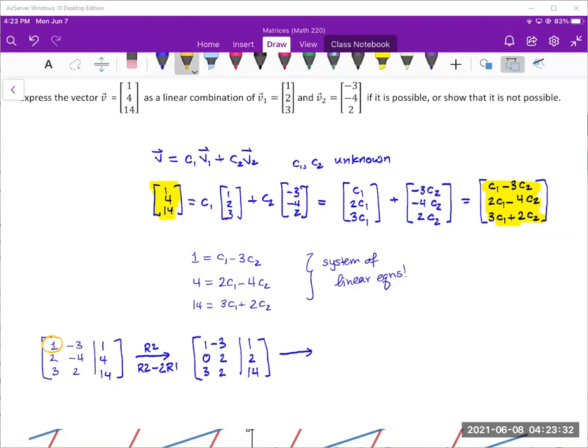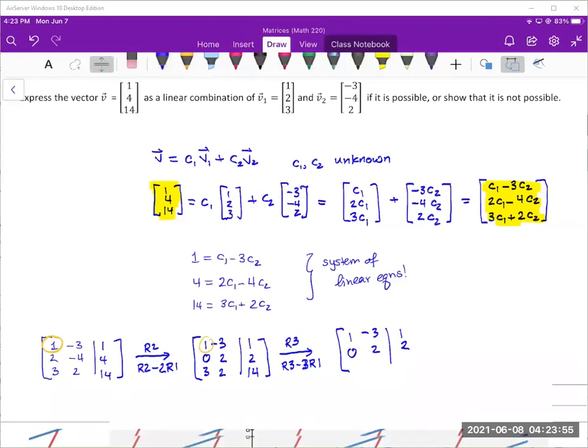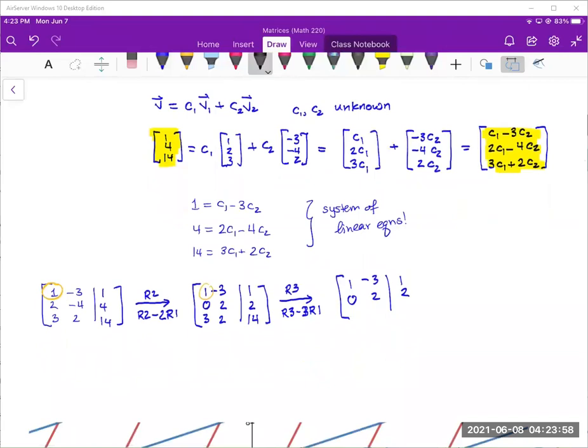Okay. We want to clear out the 3 below the 1, so we're going to replace row 3 with row 3 minus 3 row 1. You can always do this out on the side. Maybe we'll do that in this case. So our row 3 was 3, 2, 14.